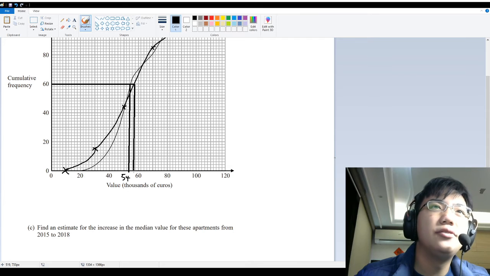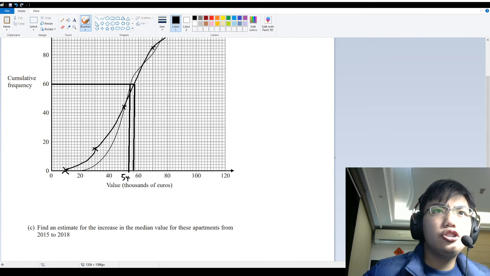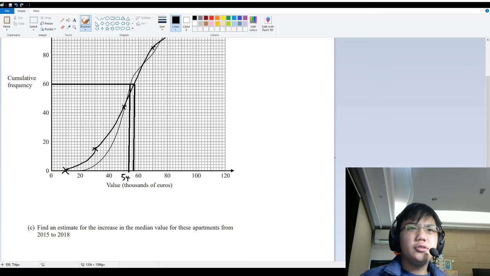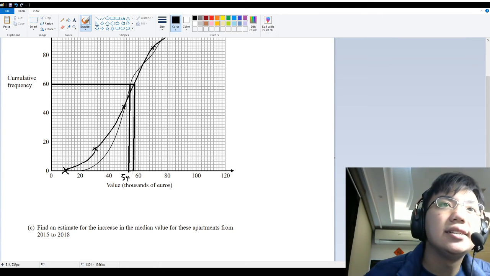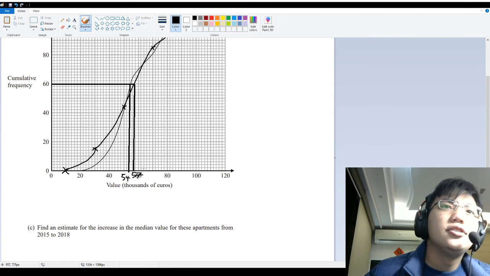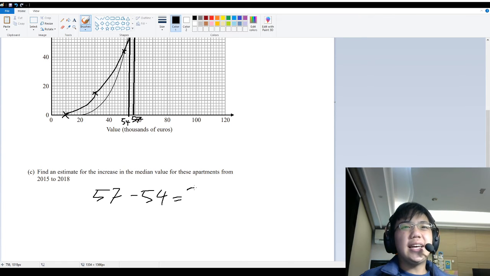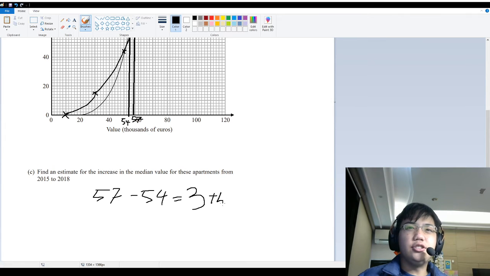The median value of an apartment in 2018 would be, well, let us see, 54, 50, 57. So we have 57 and 54 as our median values. And from this, the estimated increase is 3,000 euros.